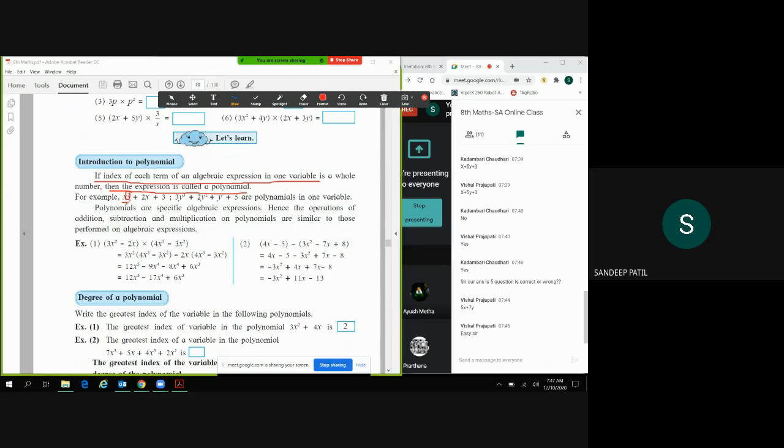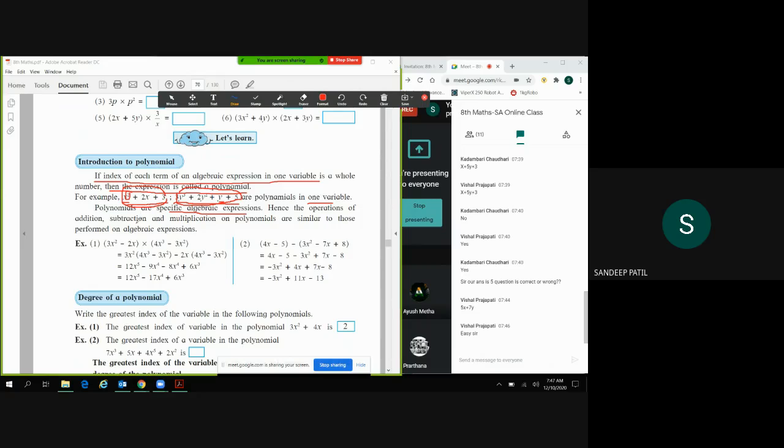So for example, x squared plus 2x plus 3, or 3y cube plus 2y square plus y plus 5 are polynomials in one variable. Here we can see only one variable throughout the polynomial. इस polynomial के बीच एक ही variable है. यहाँ देख सकते हैं variable क्या है y, और इसमें variable क्या है x. Okay, so polynomials are specific algebraic expressions.